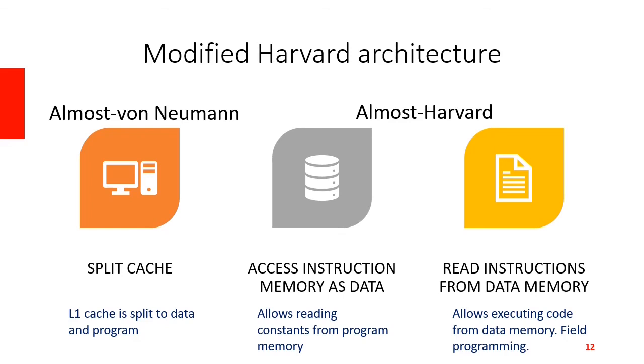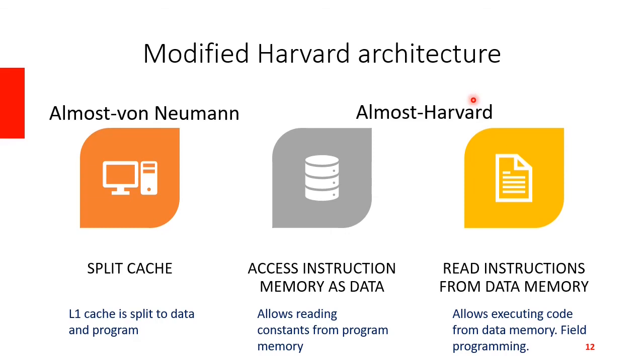But when you compare Harvard architecture to the von Neumann architecture, one advantage is that having two different address buses, you can address instructions at the same time as you address memory. And having two data buses, you can fetch an instruction at the same time as you fetch data. So there are advantages and disadvantages in both architectures.